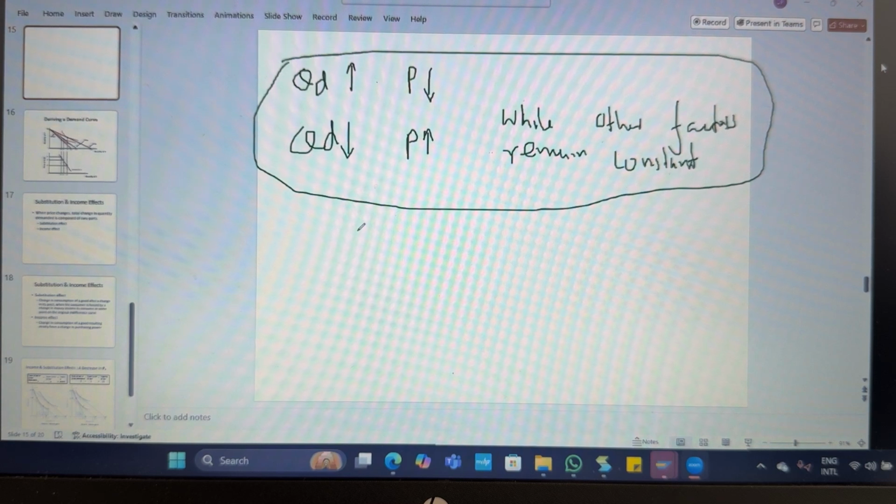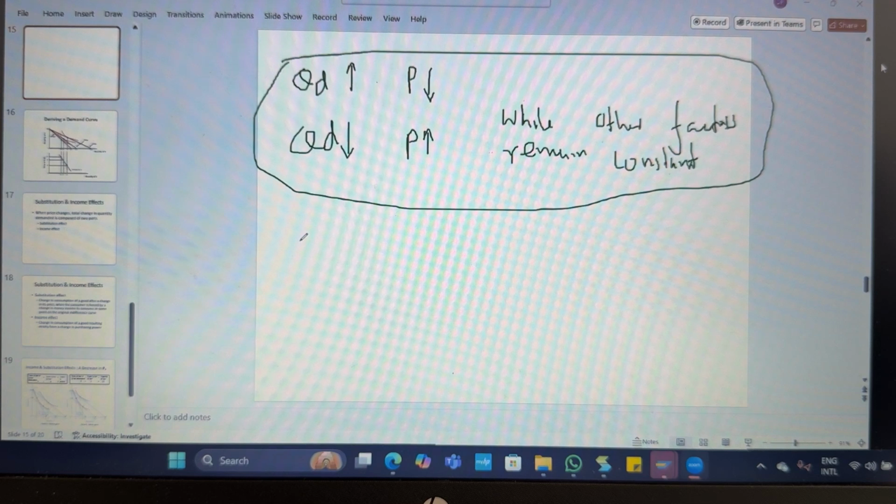This is one famous theory. When the price goes down, demand will increase. When the price goes up, demand will decrease. At this time we have to assume that other factors remain constant, unchanged.